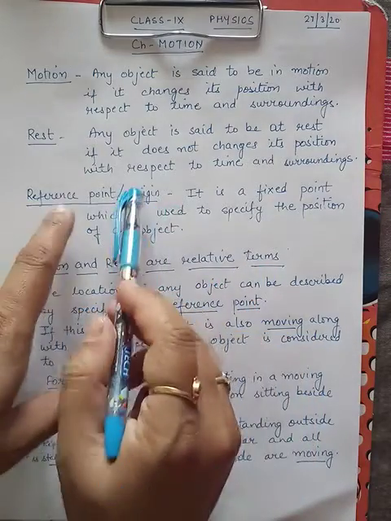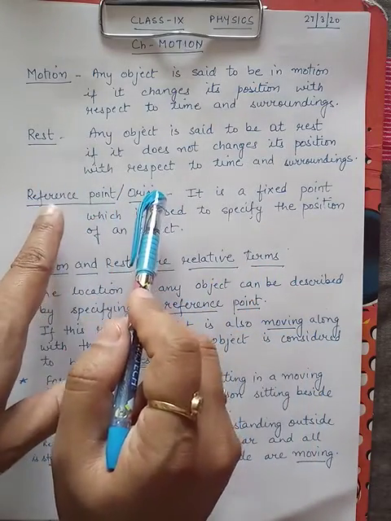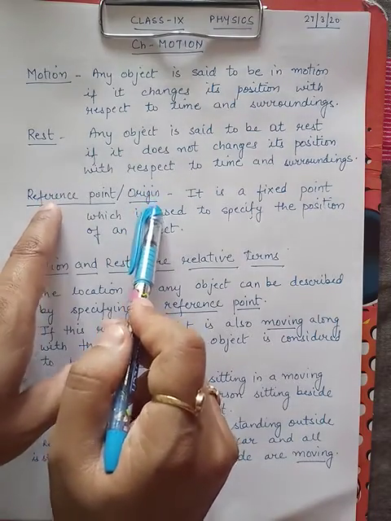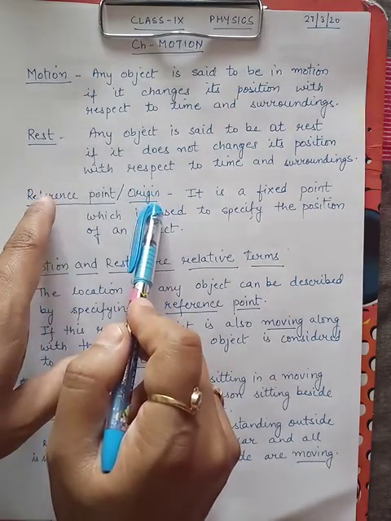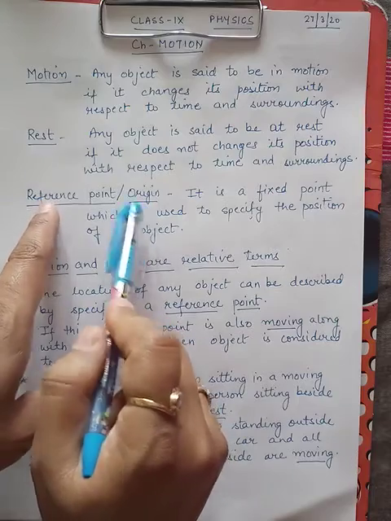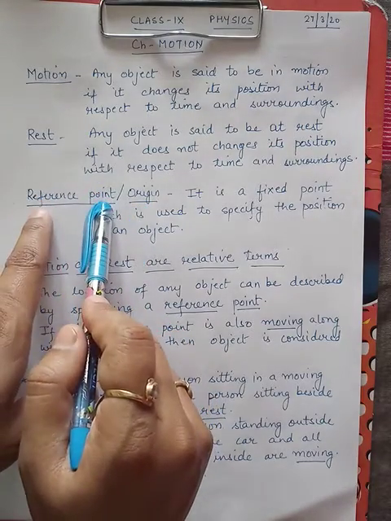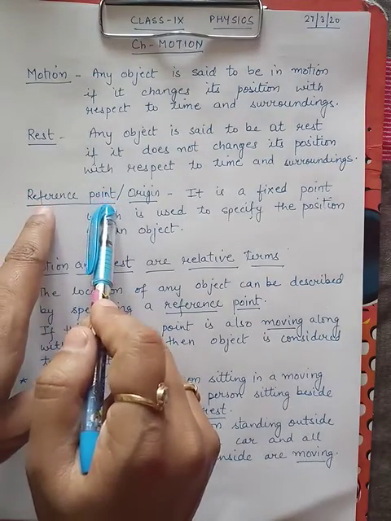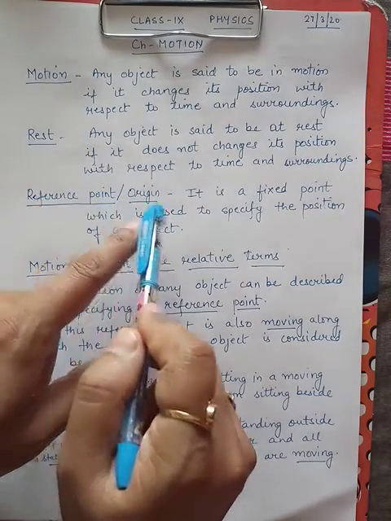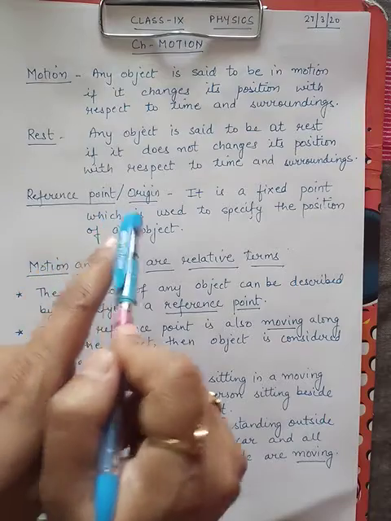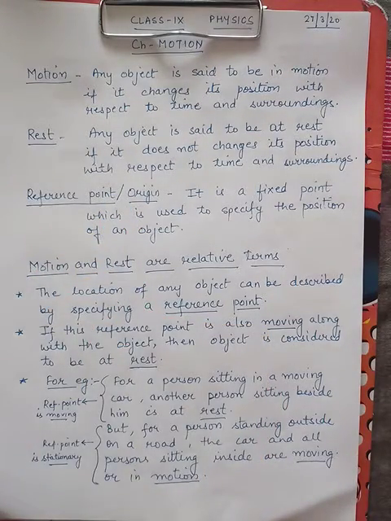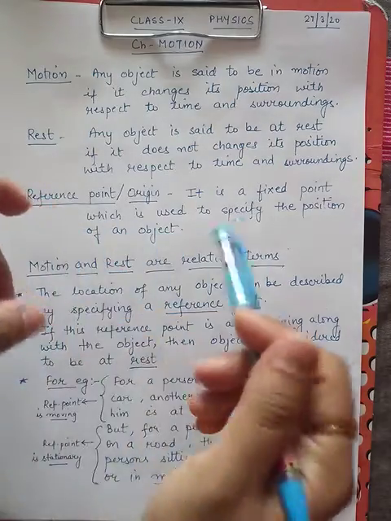We have understood just now origin or a reference point, from where our motion starts, or from where our object starts moving. If this point is also moving along with the object, suppose, then what will we consider? We will consider that the object is at rest.